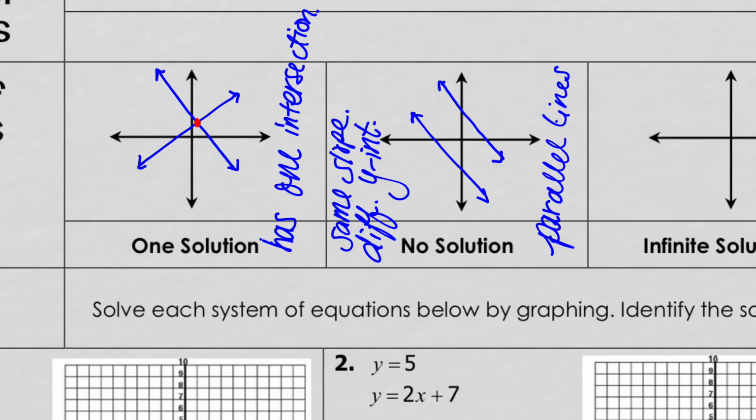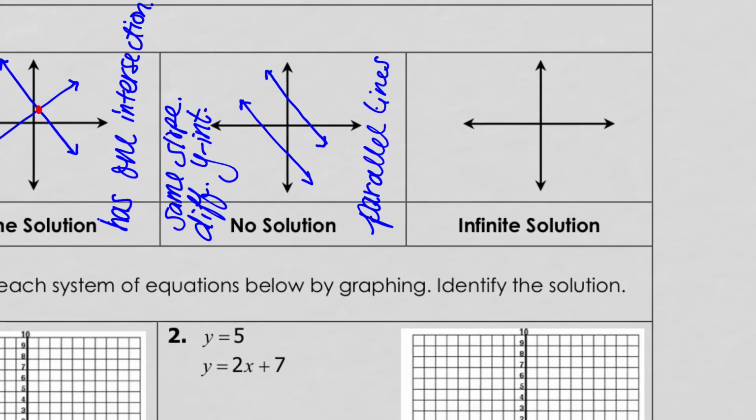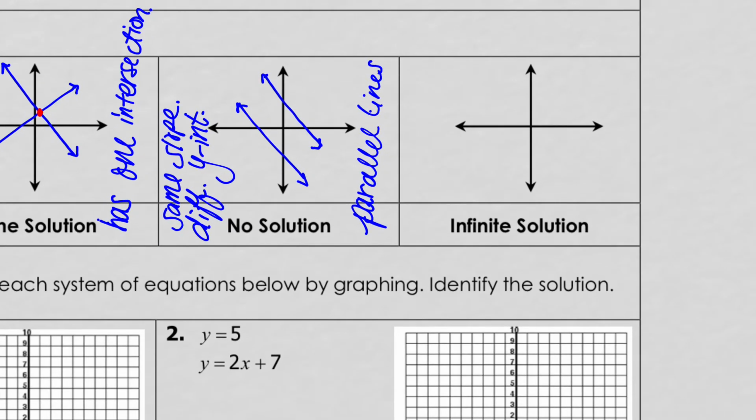And lastly, we have infinite solutions, which is if I have a line, let's say it's going through about there, I will have another line, I'm going to change my colors here, that goes exactly on top of the other one. I know that didn't go super well straight on top of it, but I'm freehanding this. So, infinite solutions is the exact same line.